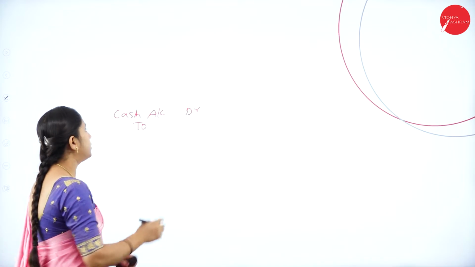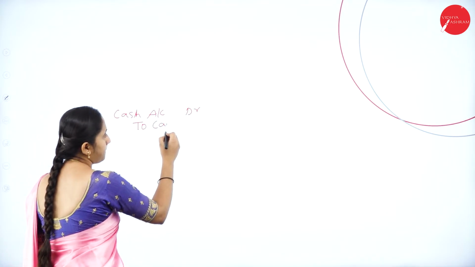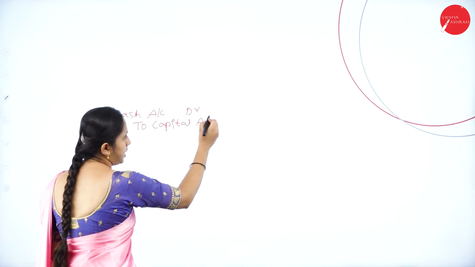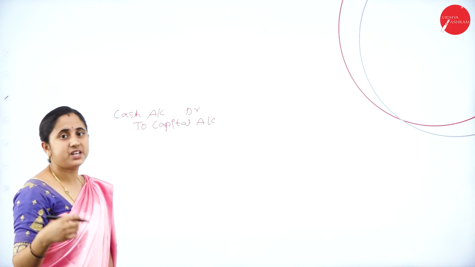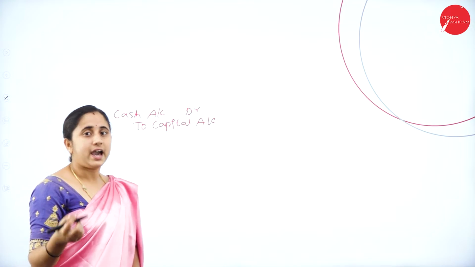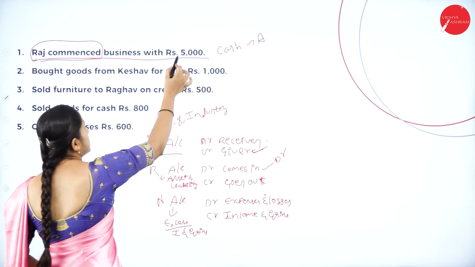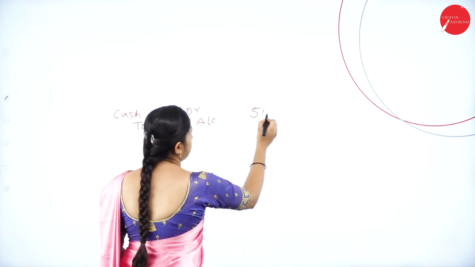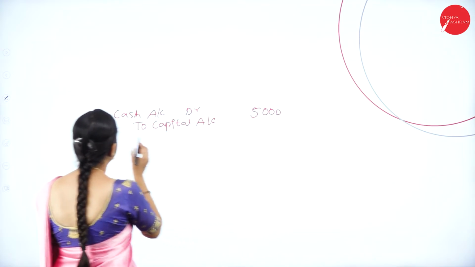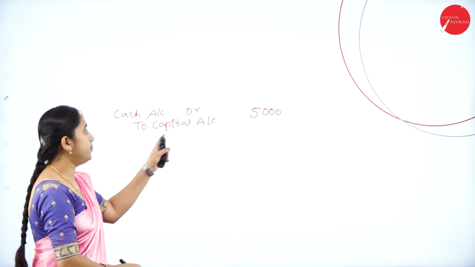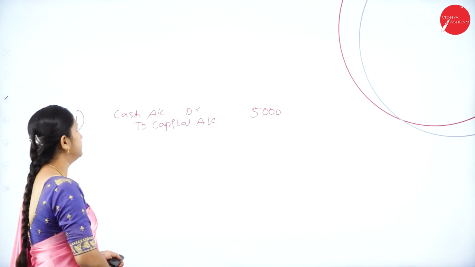So, you need to credit capital account. He is bringing cash in the form of capital of rupees 5,000. This is the first entry. Cash account debtor to capital account.